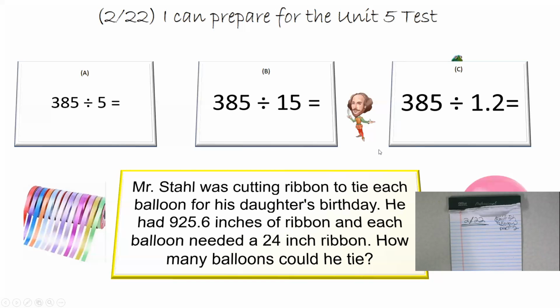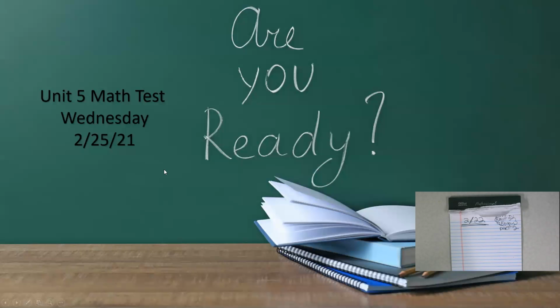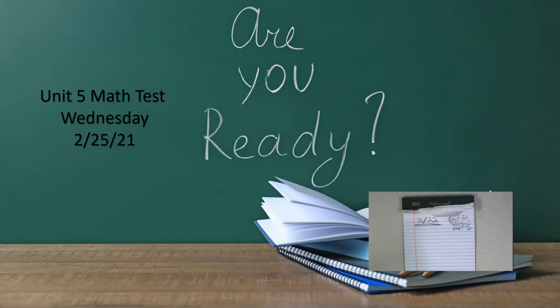The challenge question is going to be, well, I'll let you guys rock that one out. I mean, this should be finished already anyways. So the test has been moved to Thursday, but that gives us one extra day to prepare.